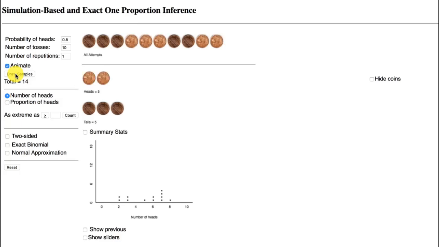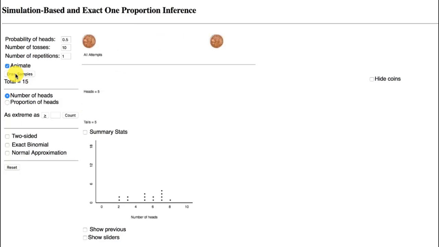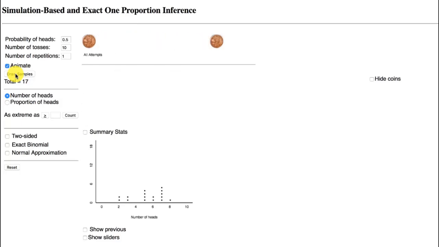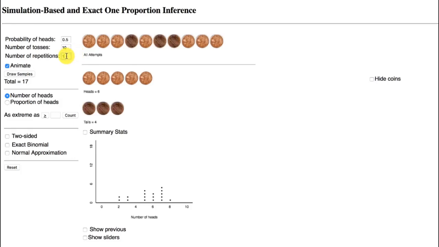So far, we've done 140 flips, now 15 sets of 10, and still no pattern matching what we expect from these odds. But as we keep going, you'll start to see a bell curve appear. I can speed the process up by increasing the number of repetitions. That is, each time I flip, I do 10 sets of 10 instead of 1 set.